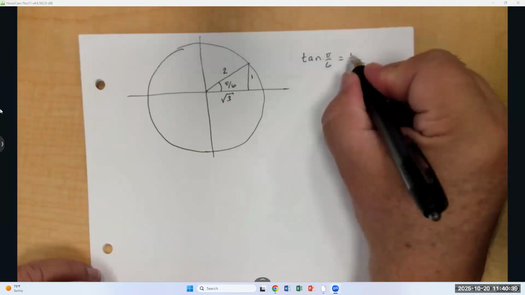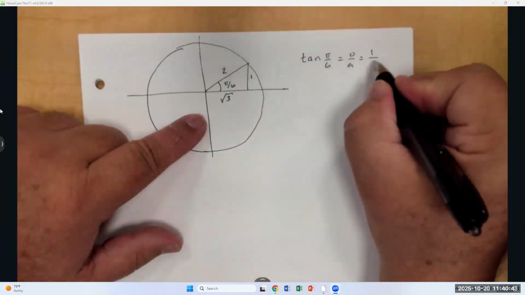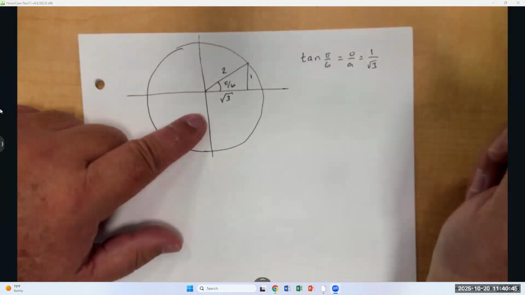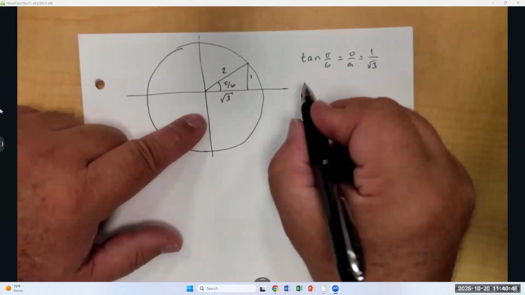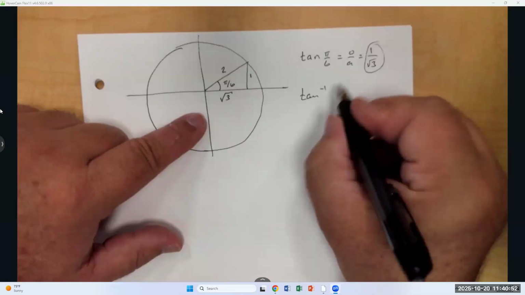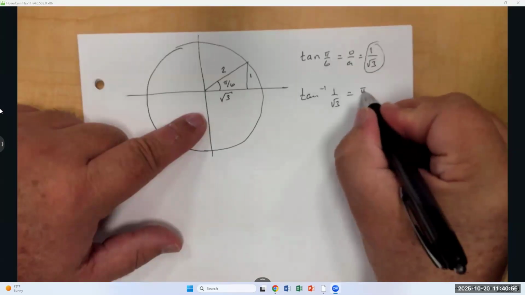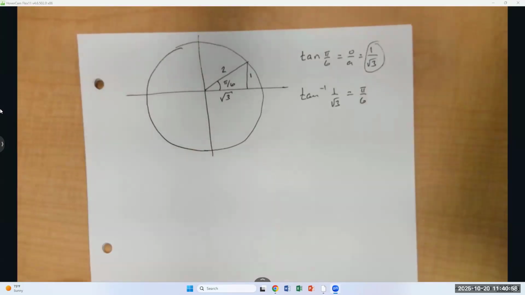Remember, tangent is opposite over adjacent. Opposite is 1 over radical 3. So therefore, the inverse tangent of 1 over radical 3 is pi over 6. Whereas inverses and regular functions simply change the x and y values.